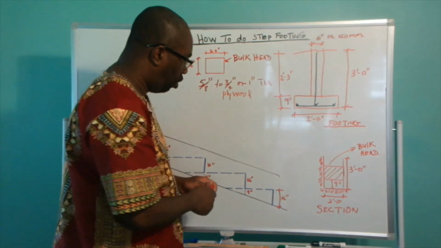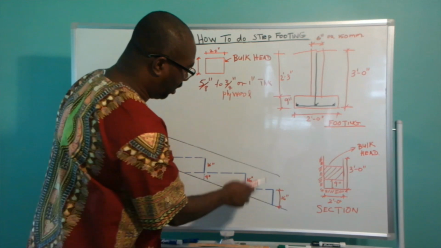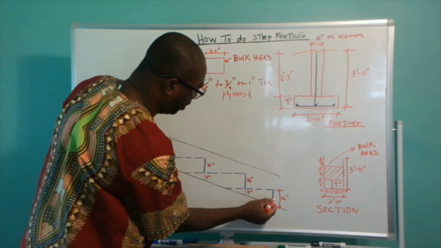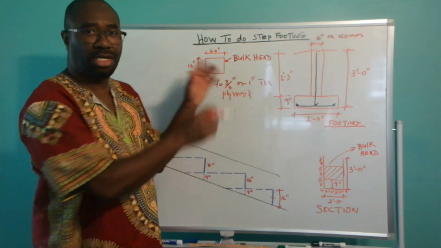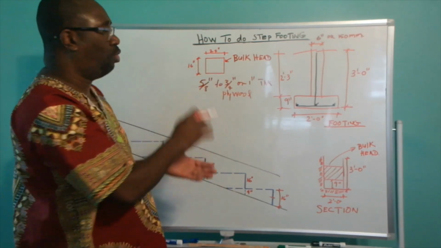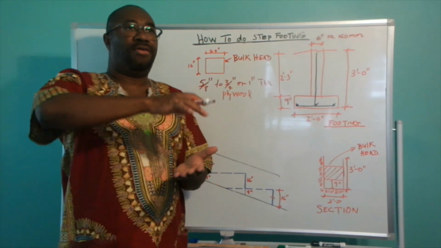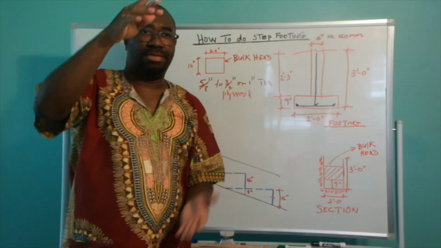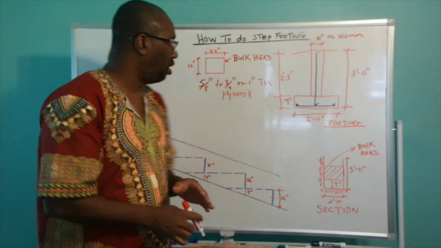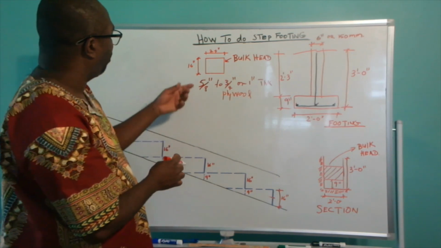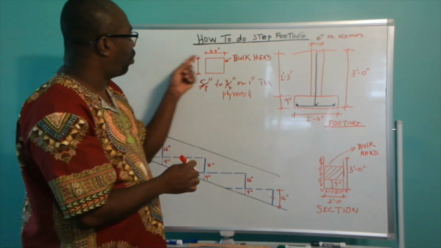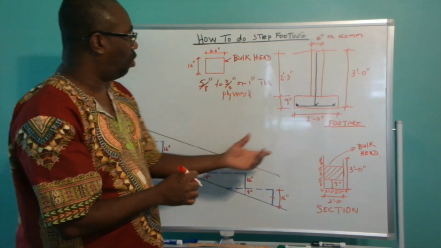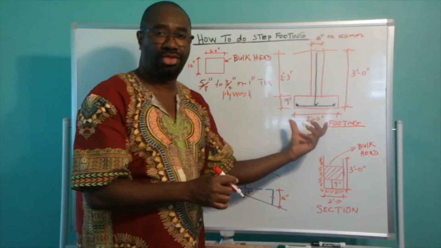Now, to use this 8 inches template, this is what we call a bulkhead. It is a construction term that we use to divide a vertical height between two different sections. So the bulkhead is 16 inches in height and 24 inches in width, because the width of this trench is 2 feet.